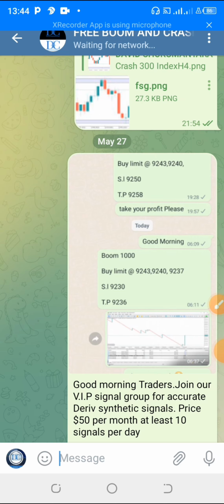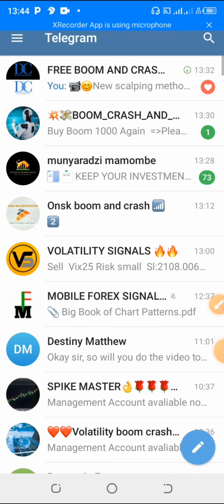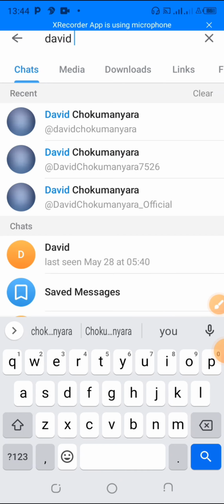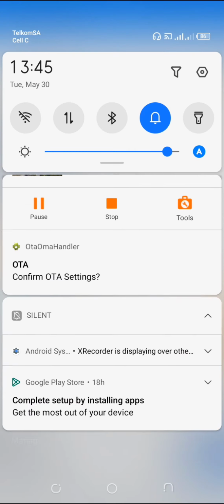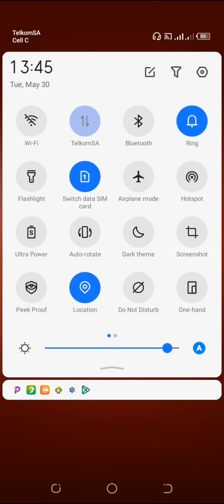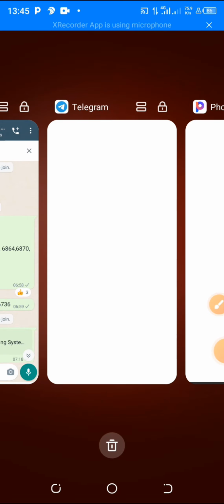It has come to my attention that if you go on Telegram and search for my name, David Chokmanyara, this is the information that comes out. If you go on these groups, this is not me. These people are claiming to be DC, but they are not me. I do not offer account management services.